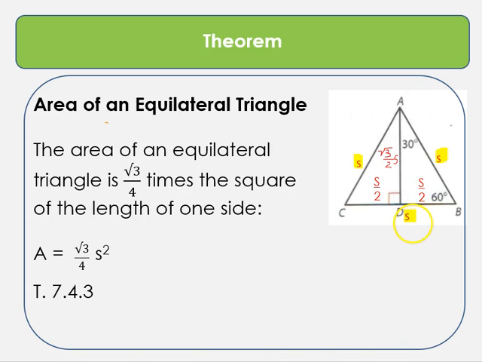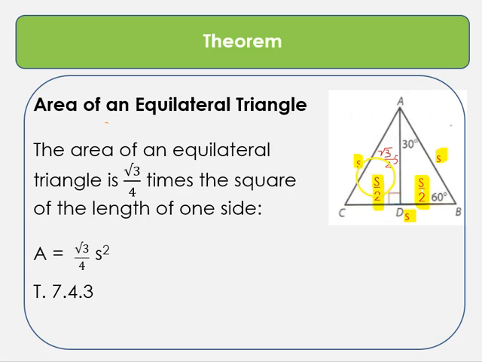That means that the s is divided in half, so that makes it s divided by 2. If you were to add s divided by 2 to s divided by 2, you would end up with s.